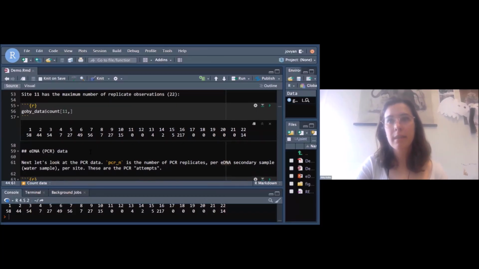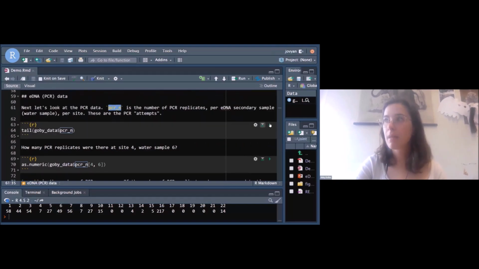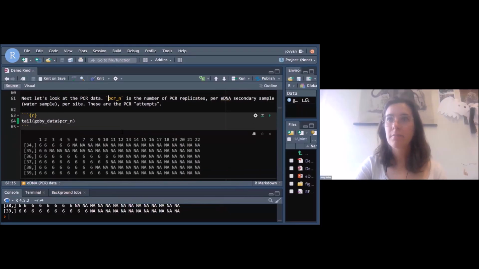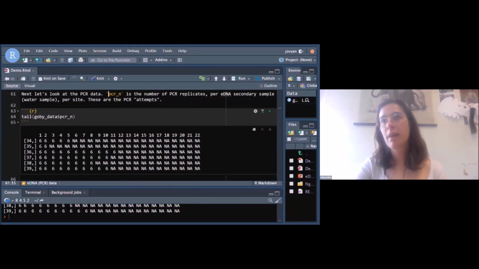Moving on to the eDNA data, this is divided into 2 different matrices in your input data. PCRN is the number of PCR replicates per water sample per site. These are the PCR attempts. If we look at the bottom of this matrix this time, we see sites 34 to 39. Again, the maximum number of water samples they had was 22.